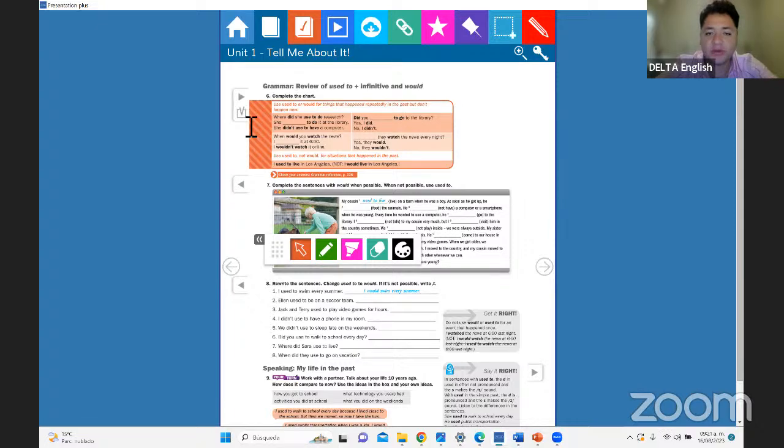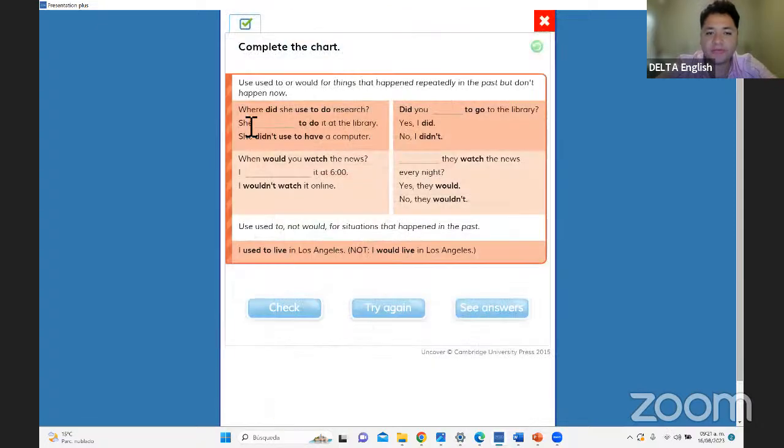These sentences, okay? Very well. So what is the meaning of used to? When you talk about things that happened in English a long time ago, you can use used to. Like, for example, things that happened yesterday, you use the simple past.